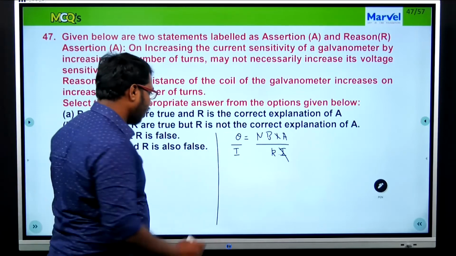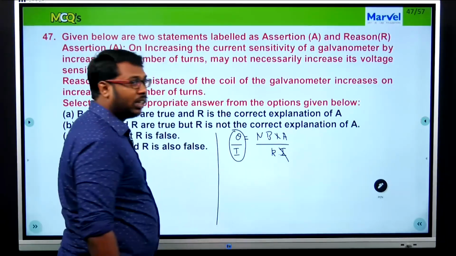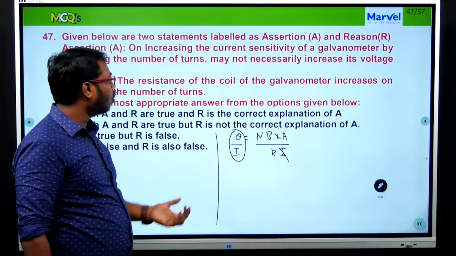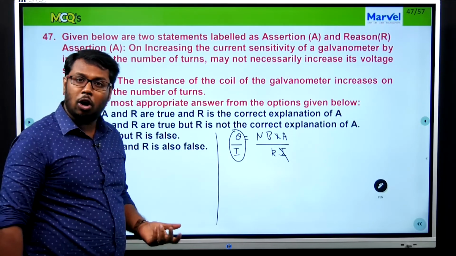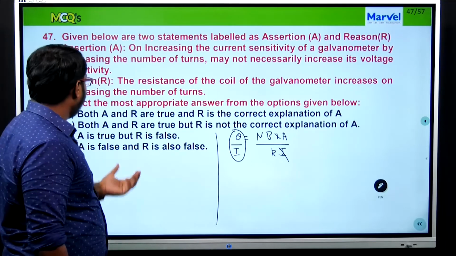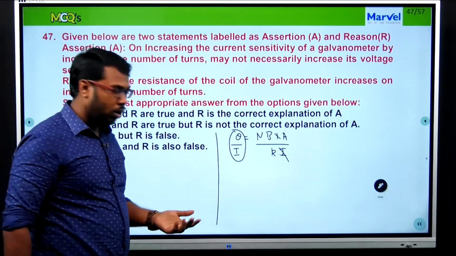So the current sensitivity, this together is called the current sensitivity. This is associated with N. So if the number of turns increases, of course the current sensitivity of your galvanometer will also accordingly increase. Well and good. Now they are asking whether the voltage sensitivity will also increase accordingly. Let's see.